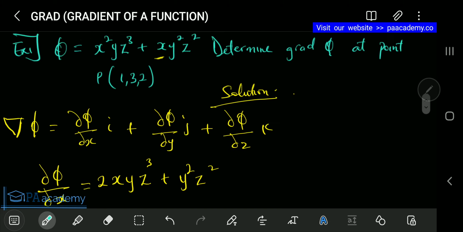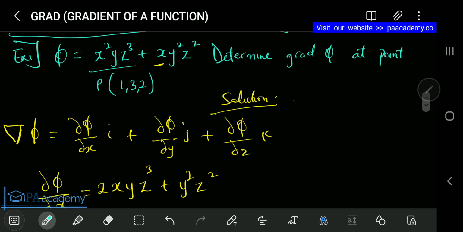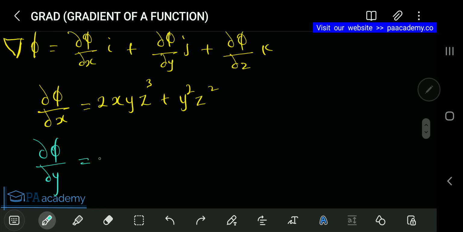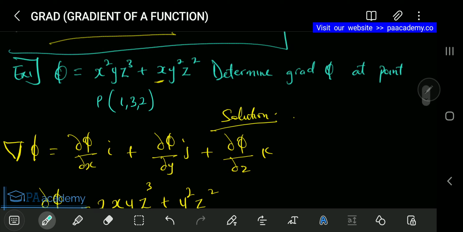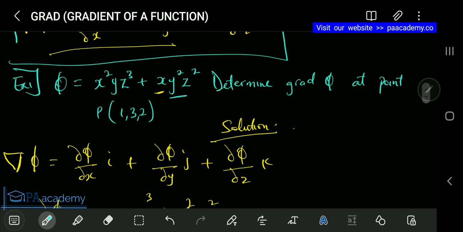So now let's do that of y, so partial differential over y. So now let's look at the function again. If I differentiate this with respect to y, we are going to be having x squared, this y, if you differentiate y, you are going to have 1. So this x squared and z cube will be taken as a constant, so that will remain. So we are going to be having x squared z cube, plus, so now let's differentiate what we have here.